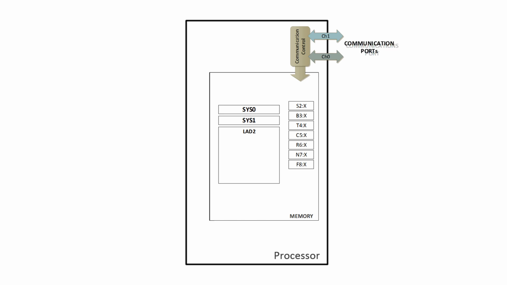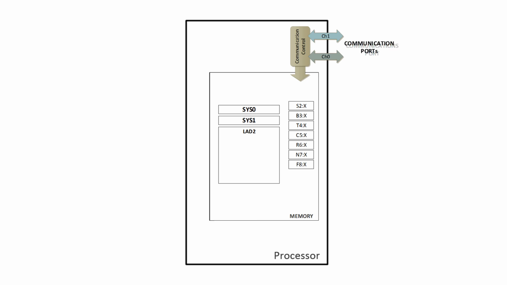Once you download something via the communication ports, and that could be from RS Logix, Connected Components Workbench, any programming software, whatever controller you have, you're downloading into memory a virtual image, so to speak, of your process. In this case, the terminology here, System 0, System 1, Ladder 2, then S2, B3, and so on.